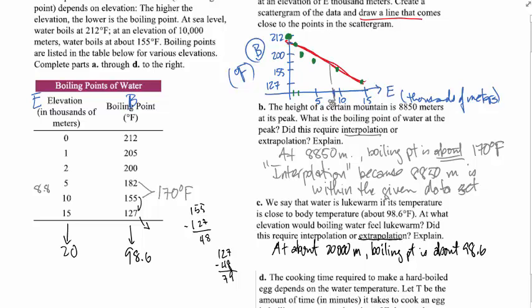Now the next question, is it interpolation or extrapolation? This is clearly way out of the bounds of our data, so this is extrapolation. And our reason would be outside of data set.